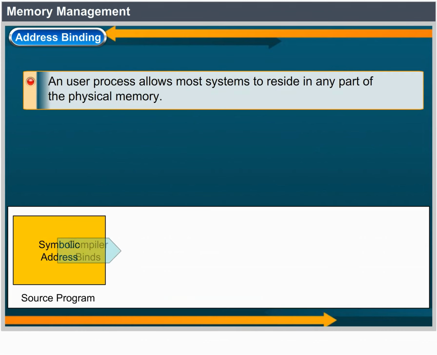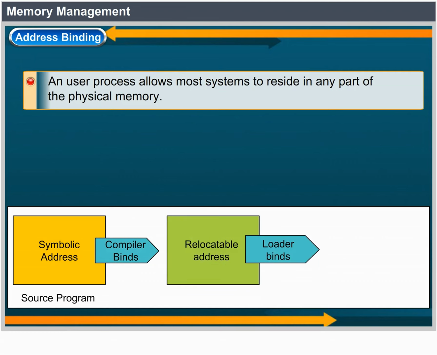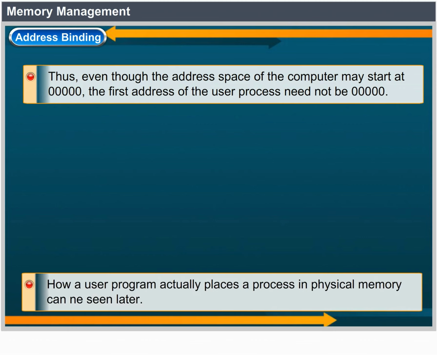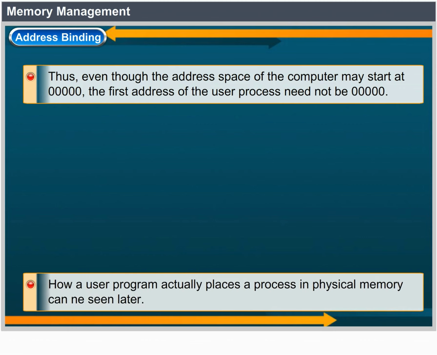Most systems allow a user process to reside in any part of the physical memory. Thus, although the address space of the computer may start at 00000, the first address of the user process need not be 00000. You will see later how a user program actually places a process in physical memory.